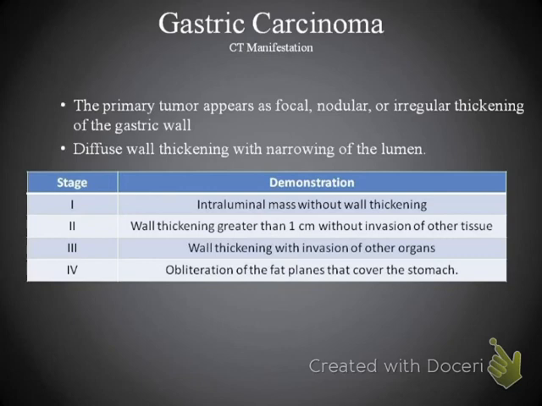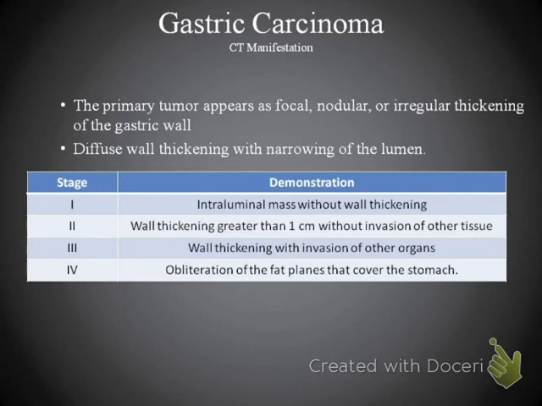And so we have stage 1, stage 2, stage 3, and stage 4. Stage 1, we see an intraluminal mass without wall thickening. Stage 2, we have wall thickening greater than 1 centimeter without invasion of other tissues. So we see that there's something going on with the stomach, but it's not in anything else. Stage 3 is wall thickening with invasion of other organs.